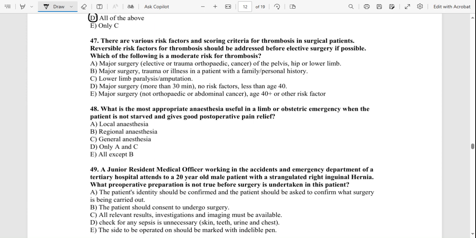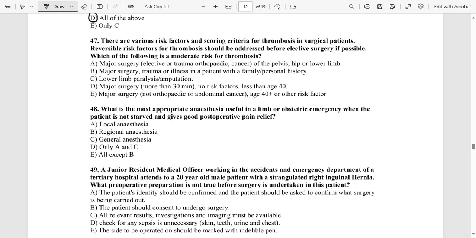Major surgery, trauma or illness in a patient, lower limb paralysis or amputation, major surgery, no risk factor, less than age of 40, major surgery, age of 40 plus, or other risk factors. Anyone with any thought on this one? Feel free to contribute anything.